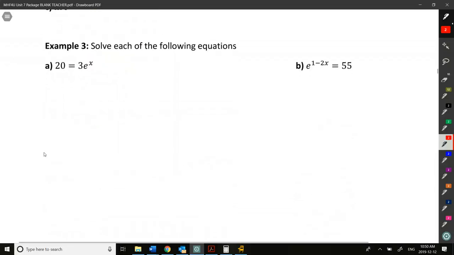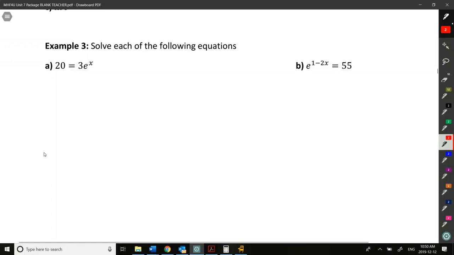Okay, now that we know how to evaluate those on our calculator, we're going to do some solving here. So we're going to refresh our memory on some of the log rules. So yesterday we refreshed our memory on some transformation stuff, exponentials, logarithms, and also polynomials. We're also going to refresh our memory on solving types of logarithmic equations, but this time they're going to be with e and ln.